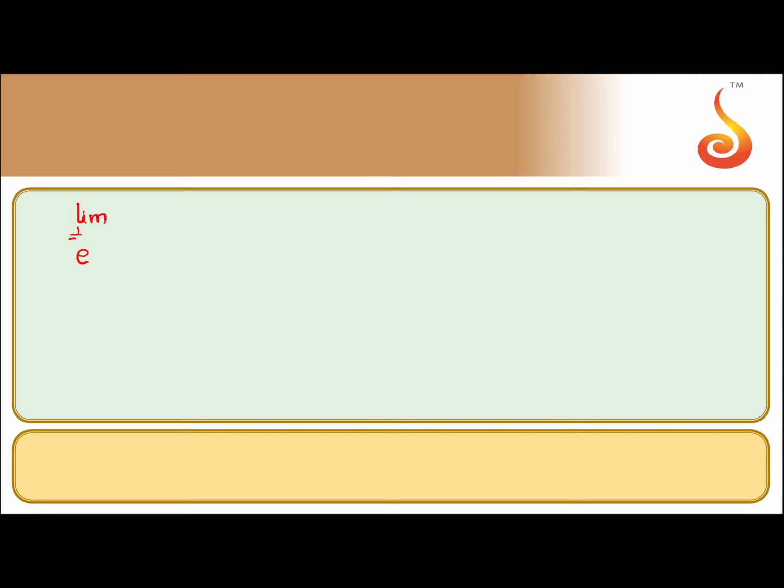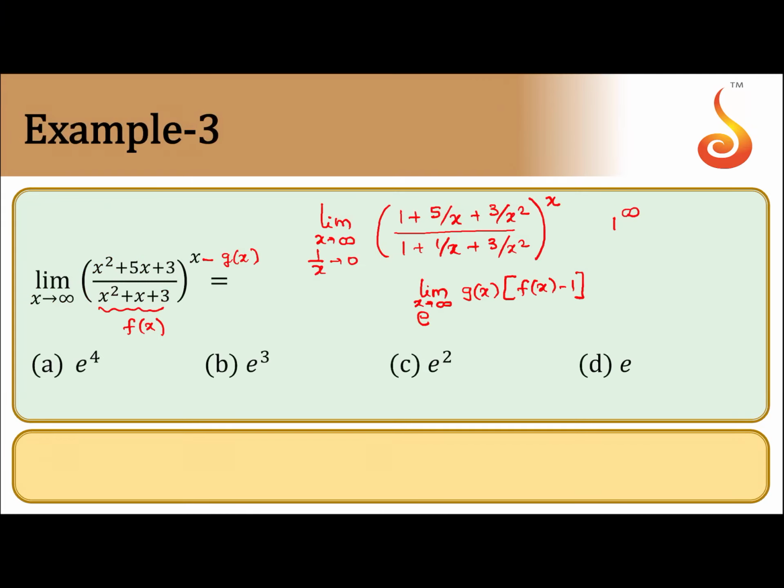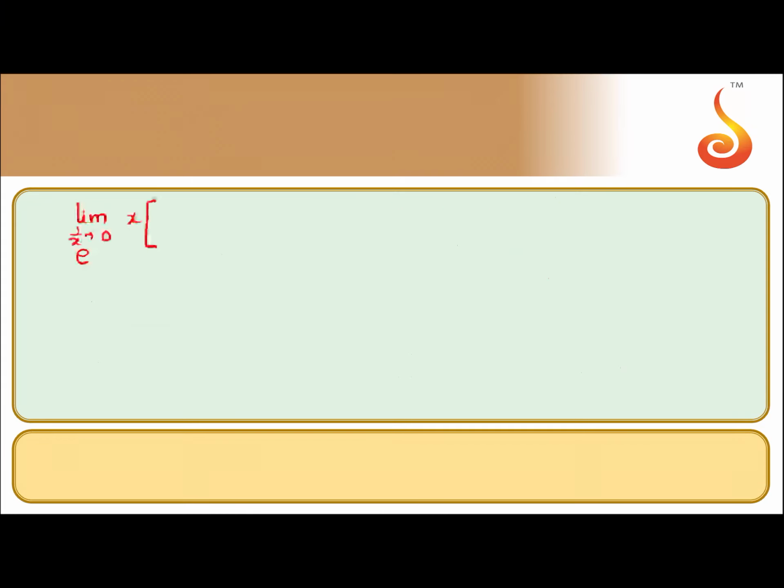e to the power limit 1 by x tending to 0, x into, what we get here? (1 plus 5 by x plus 3 by x square) divided by (1 plus 1 by x plus 3 by x square) minus 1.